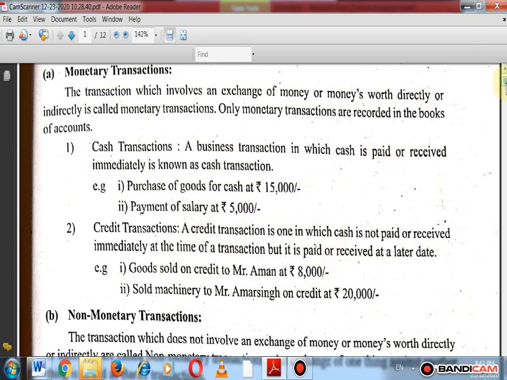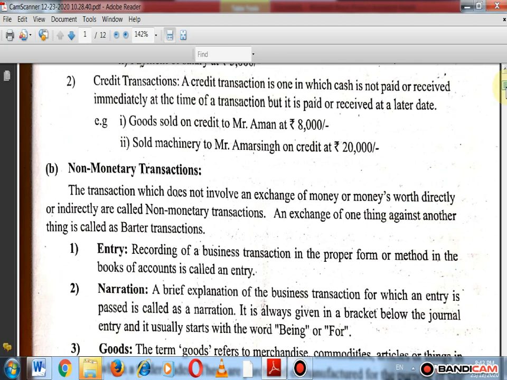The second one is non-monetary transactions. Non-monetary transactions are the transactions which do not involve an exchange of money or money's worth directly or indirectly. So non-monetary transactions do not include money or money's worth directly or indirectly.